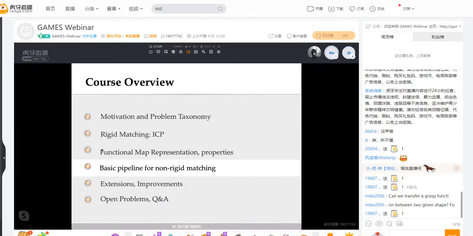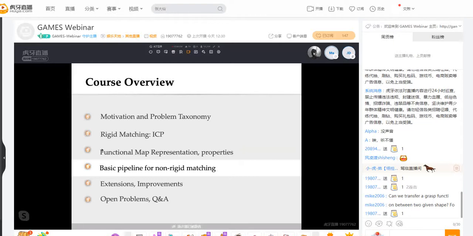Okay, so these are the essential properties, and I wanted to describe briefly a basic pipeline for computing correspondences using this representation. Everything that I've said so far was based on the idea that we start with some mapping, some correspondence T, and we convert it to this functional map, and we use some of its properties.